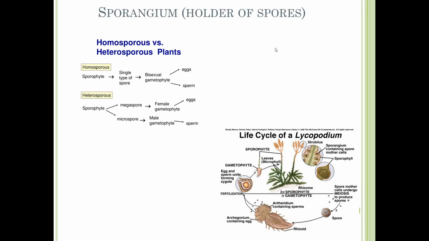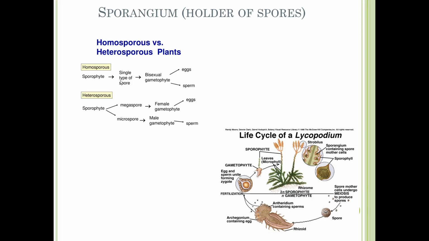So what I'm talking about here is what type of spores the plant is making inside of its sporangium. If the plant is described as a homosporous plant, if we look at the prefix here, homo means the same. If the plant is a heterosporous plant, it's kind of a potato thing, hetero means different.